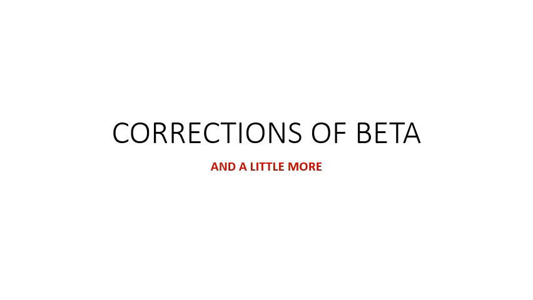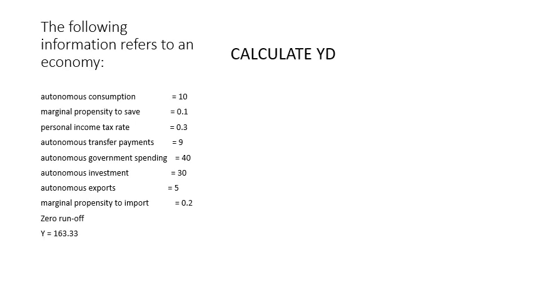Corrections of beta, and a little more. So far, we have calculated GDP, or national income, 163.33.